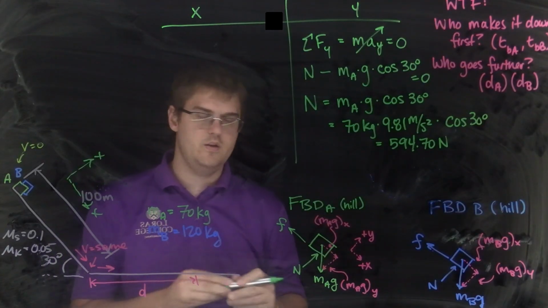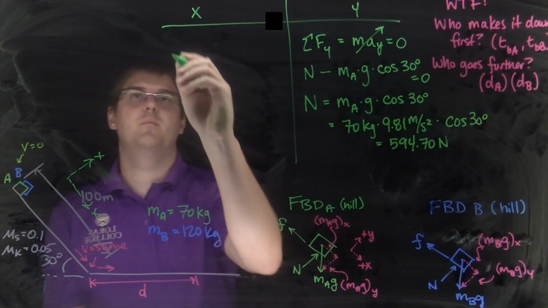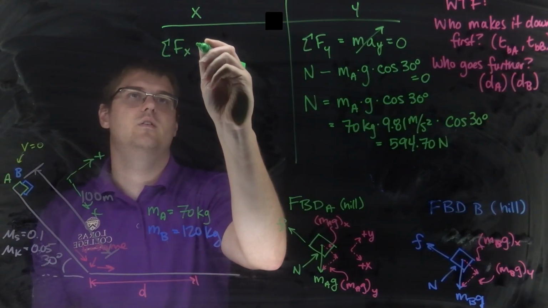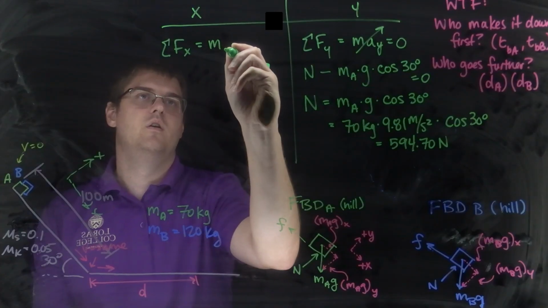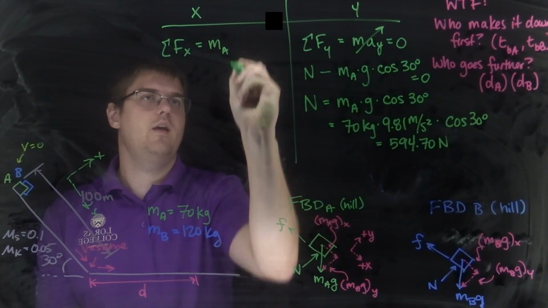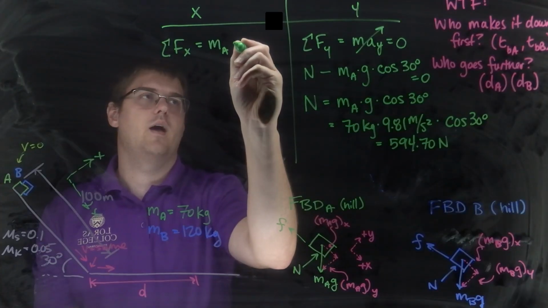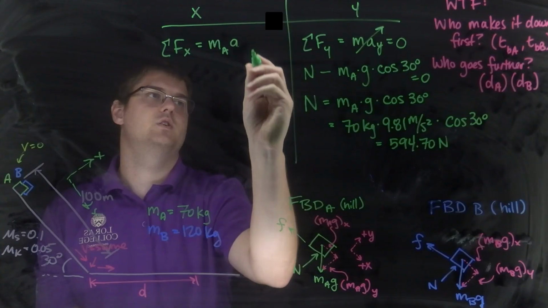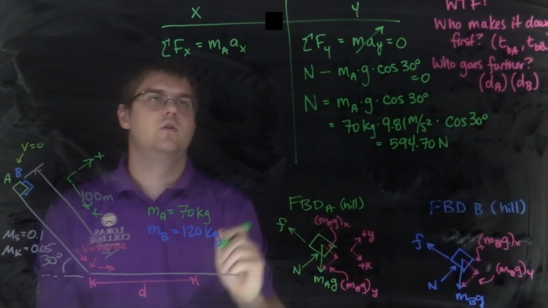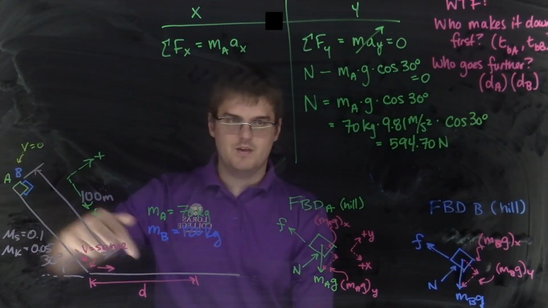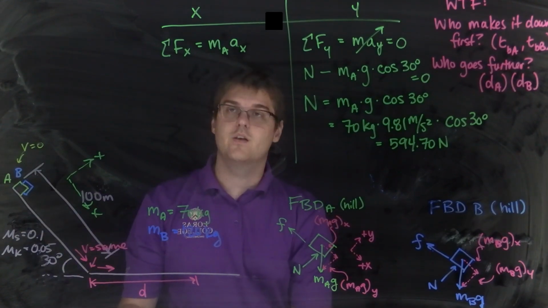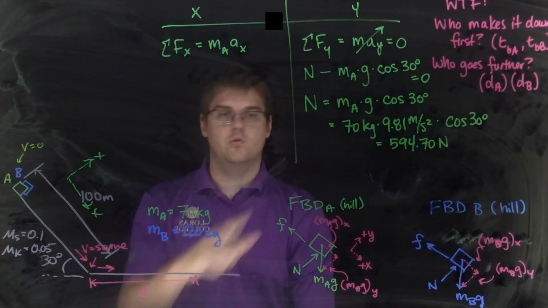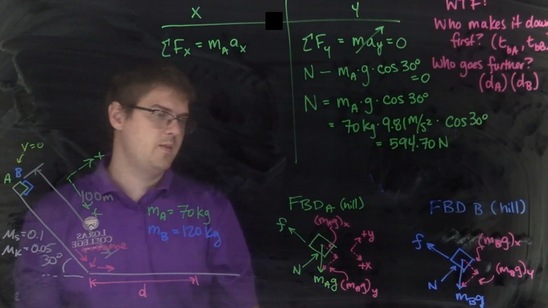I'm going to stick with green. So I have the sum of my forces in the x is equal to my mass, still working with A, that's why I've got it in green, times my acceleration in the x. And now, well, I am accelerating down the hill. I do want to start going down the hill, so I should have an acceleration there. I can't get rid of that. It was really nice that we could get rid of the y.